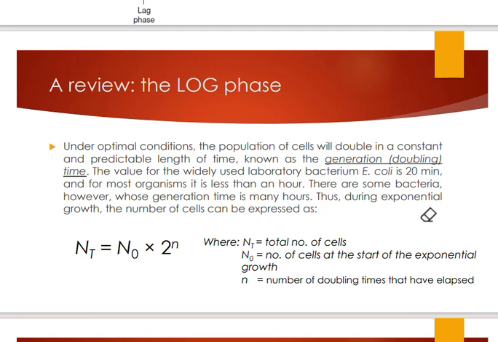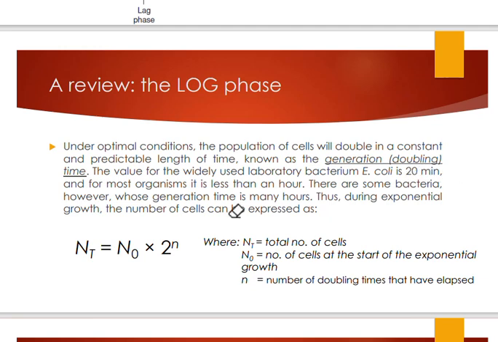Thus, during exponential growth, the number of cells can be expressed as Nt equals N0 times 2^n, where Nt is the total number of cells, N0 is the number of cells at the start of the exponential growth, the initial number of your cells, and n is the number of doubling times that have elapsed. For most E. coli, the generation time is 20 minutes.